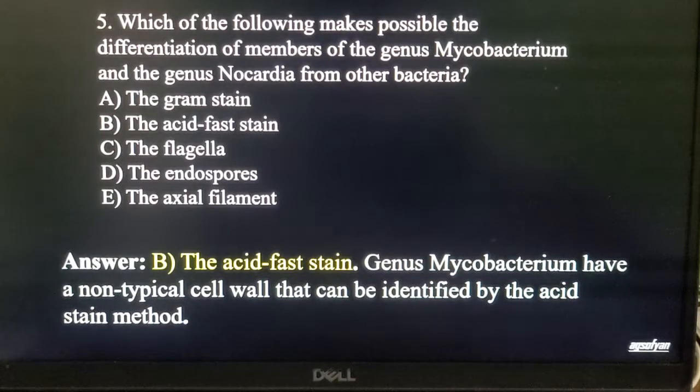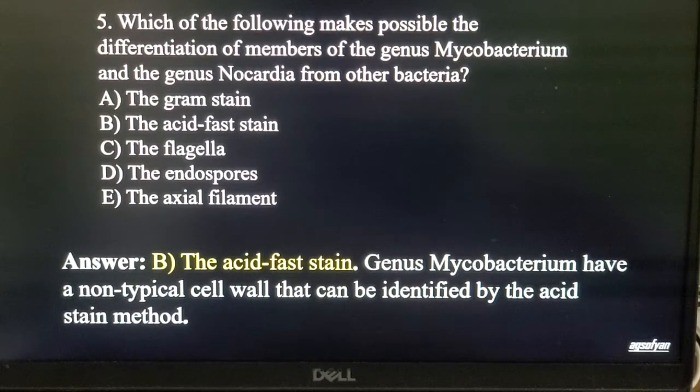If you answer B, it is correct. The acid-fast staining. Remember, Mycobacterium is a special bacteria that have special envelope, special cell wall. The special cell wall cannot be stained with the gram stain.